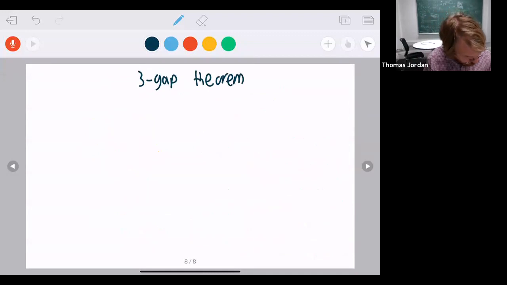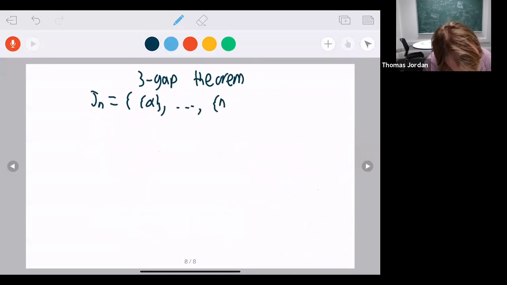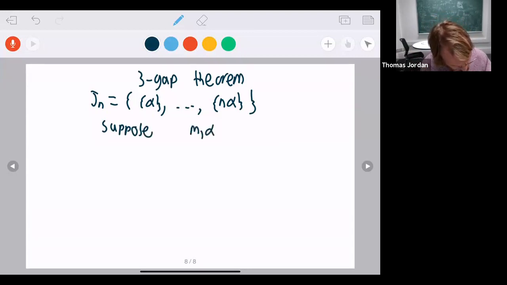Okay, and let's write J_n again. So we've got these values, alpha up to n alpha. Now we're going to suppose that m1 alpha and m2 alpha are neighbors.